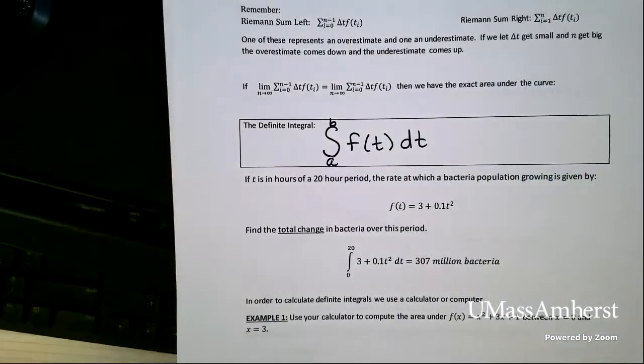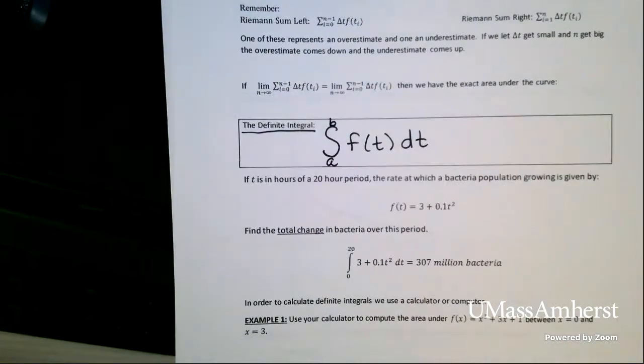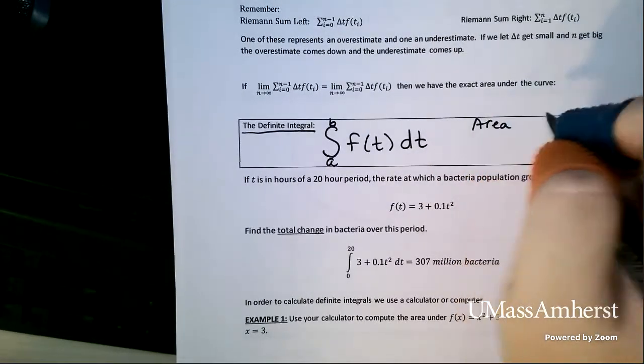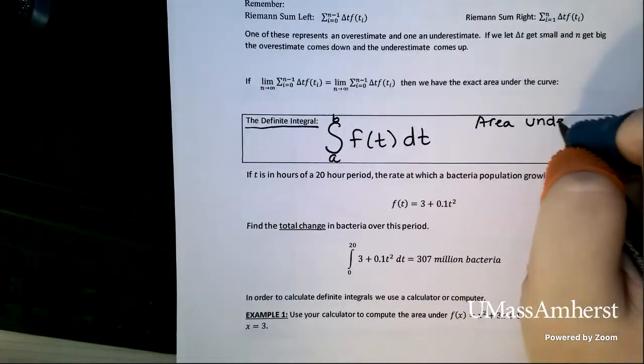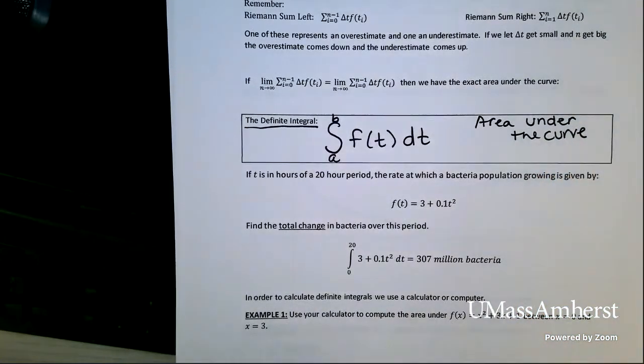Okay, now the definite integral, what does that tell us? This gives us area under the curve. Okay, it gives us the exact area under the curve.